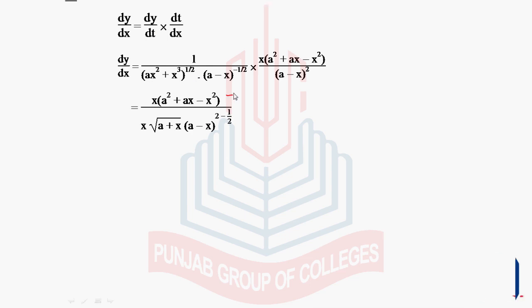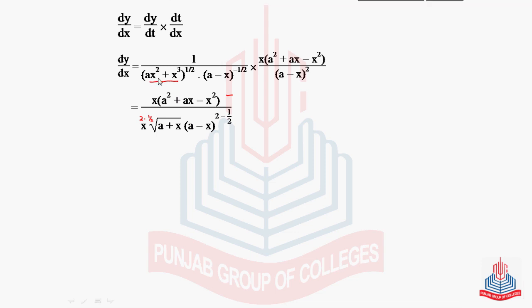This numerator will be as it is, x into a square plus ax minus x square, and in denominator we can take x square as a common factor from these two terms, and when we take a common x square from this expression, this 1 by 2 will also apply to the x square, so that will be actually of the form this x square is the common factor, and with this power 1 by 2, so we have only in power 1 by 2 or in square root a.